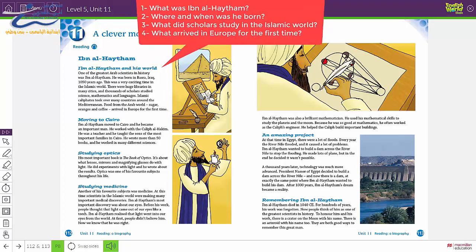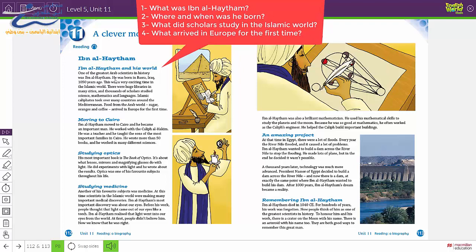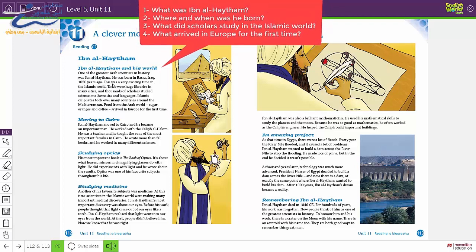Track 11. Pupils Book, Unit 11, page 112. Reading. Ibn al-Haytham and his world. One of the greatest Arab scientists in history was Ibn al-Haytham. He was born in Basra, Iraq, 1,050 years ago.